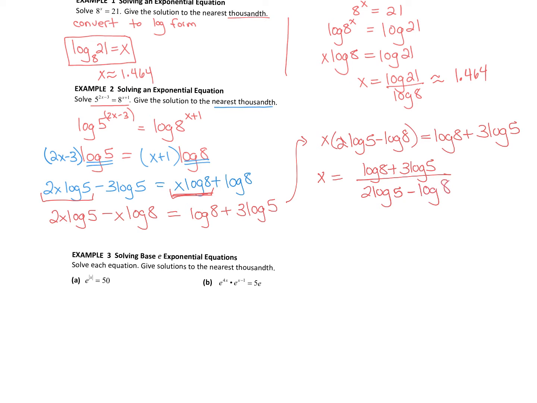So we could put this together a little bit using our rules of logarithms. We could simplify the numerator and the denominator. But since we're asked for the answer as a decimal, we're just going to plug it into our calculator, and we're just going to make sure that we have parentheses here before we do the division.